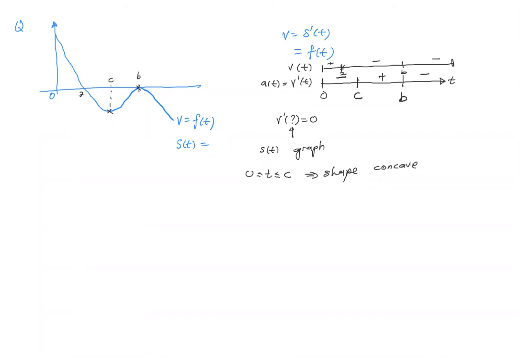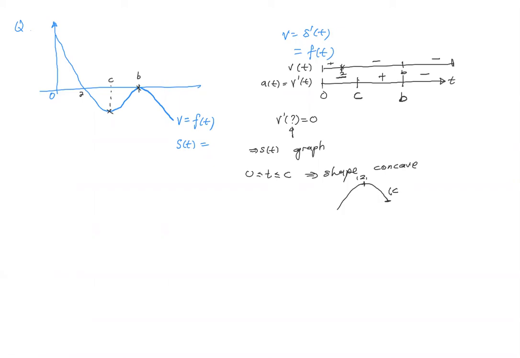So concave, I'm talking about the S(t) graph. It will go positive, means go up until 2. Then after 2, it will go down until it reaches the point x equals C. Am I right? So that is how I interpret the first part.